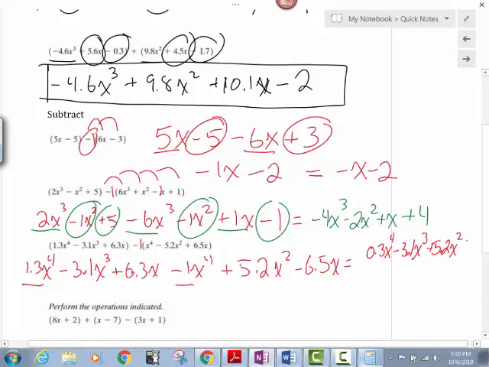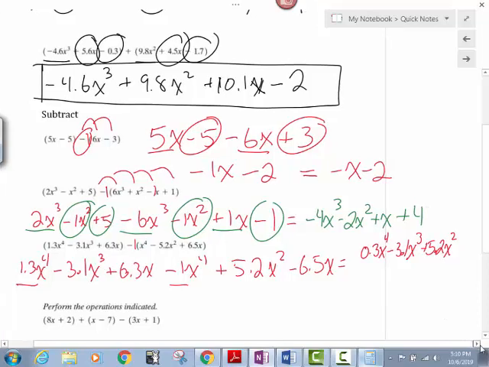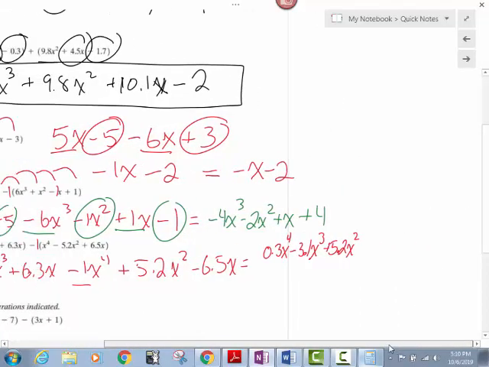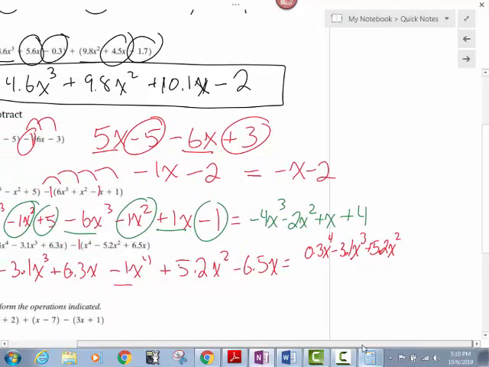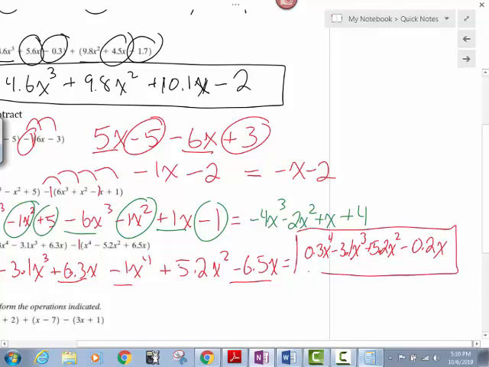Okay. Let me see if I can move to my right a little bit, because I'm kind of running out of room. Let's see. All right. And let's see. 6.3 minus 6.5 would give me a negative 0.2x. And there is my answer.